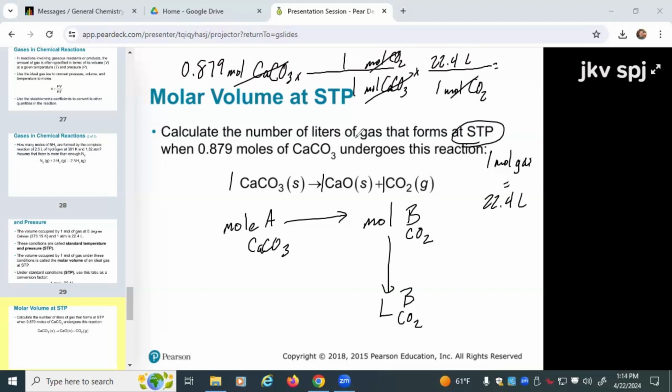I'm left with liters of carbon dioxide. And so now I just need to do the calculation itself. 0.879 times 22.4. Denominators are all 1, so I don't need to do any dividing. To 3 significant figures, 19.7 liters of carbon dioxide.